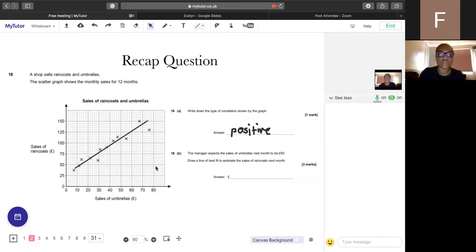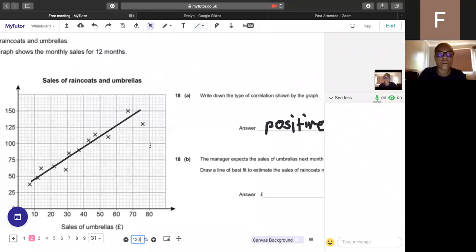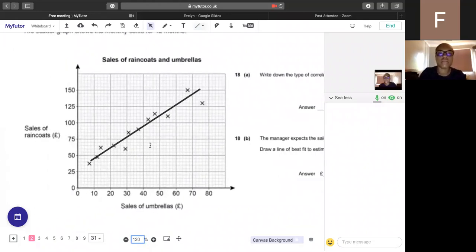So umbrellas cost £60. If I zoom in, we should go to £60 and draw a line from £60 up until the line and see where it goes across for the sales of raincoats.